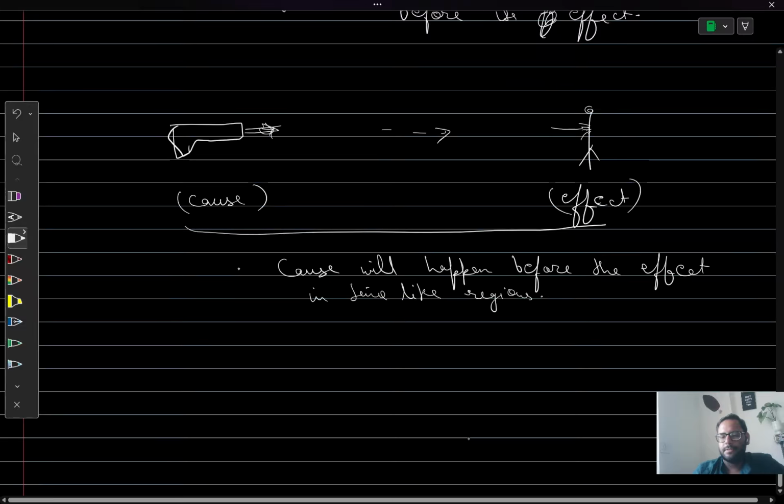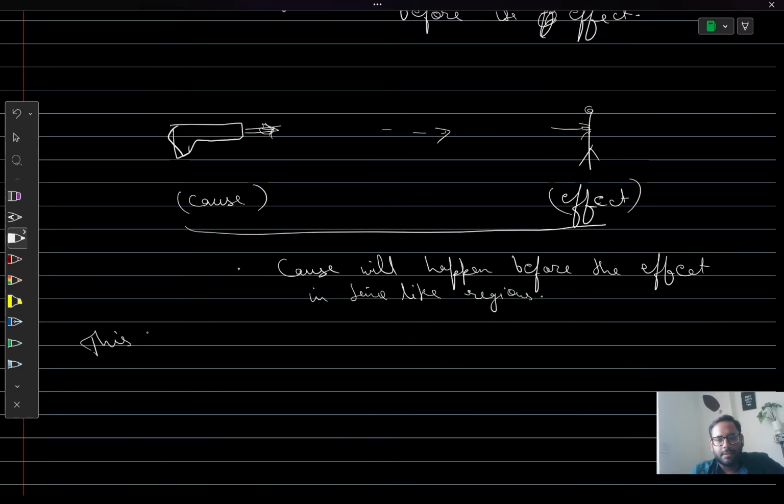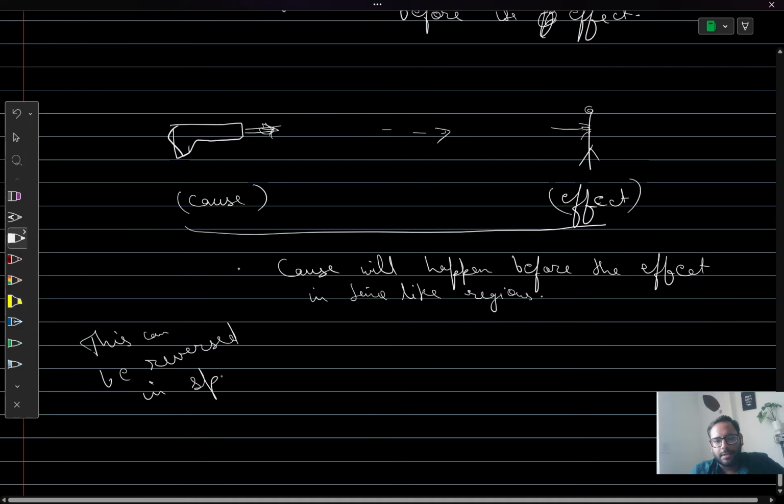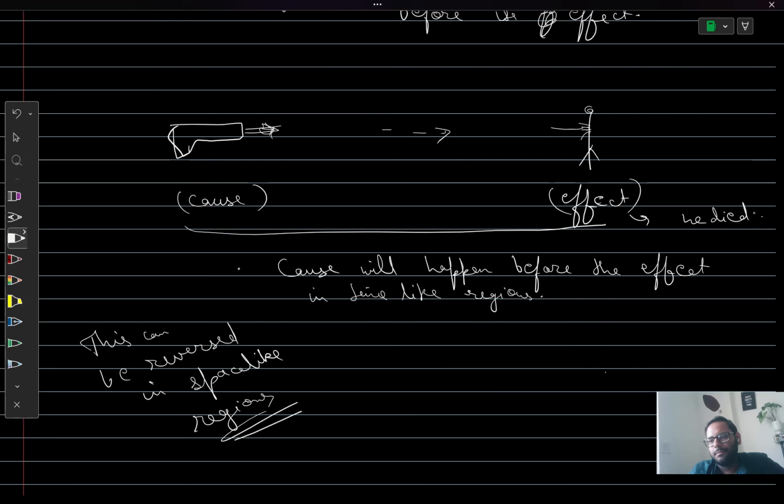But in space-like regions, this can be reversed. Suppose the effect is that he died, and the cause is the firing of the bullet.